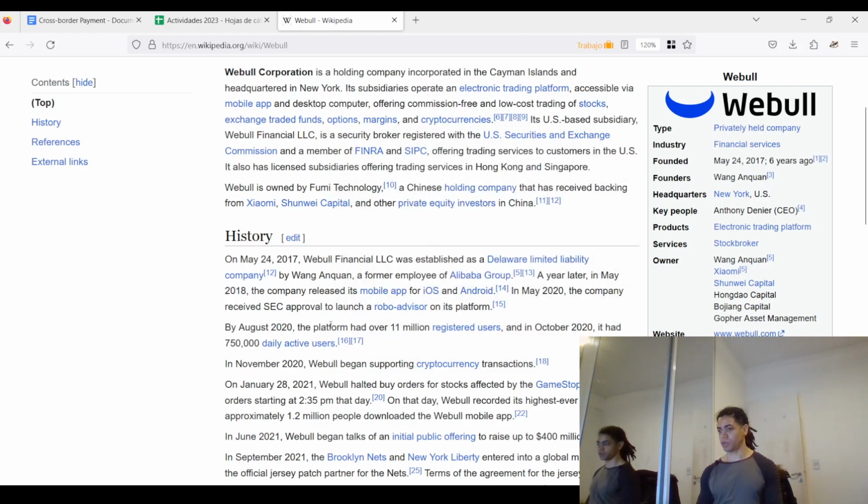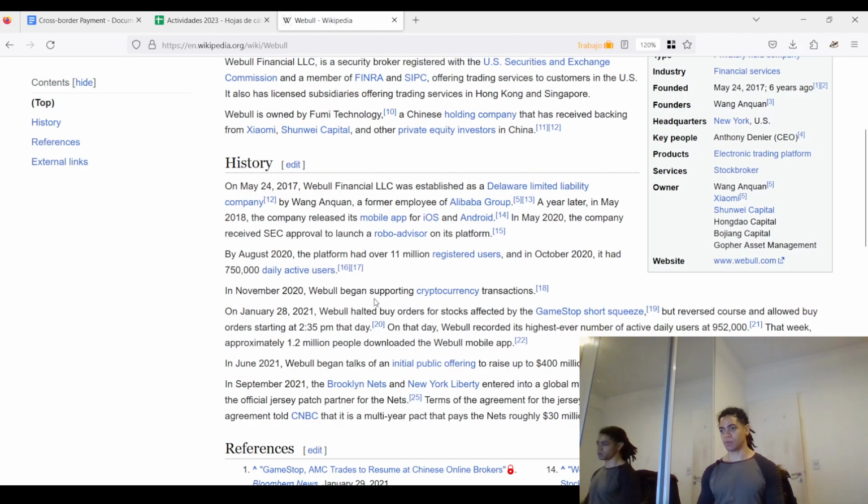By August 2020, the platform had over 11 million registered users. In October 2020, it had 50,000 daily active users. In November 2020, Webull began supporting cryptocurrency transactions.